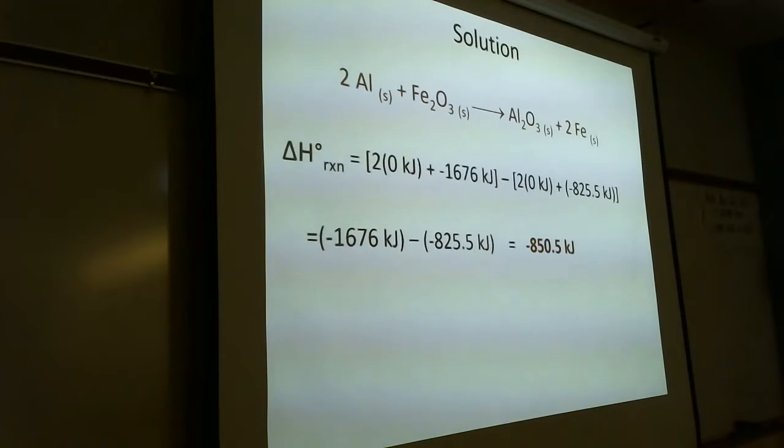If you came out with negative 2,000, that is a major difference. Two of them are 0 though, right? Iron metal and aluminum metal, both are 0. Pure elements in their most stable form. Do we agree on this one? We agree within rounding?